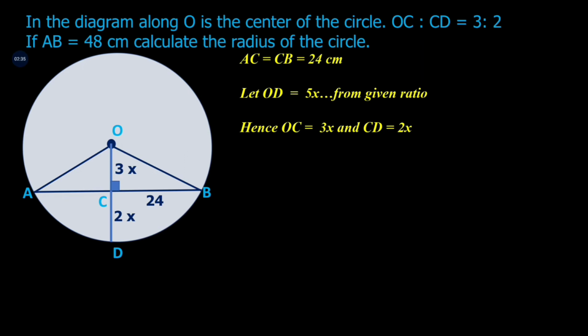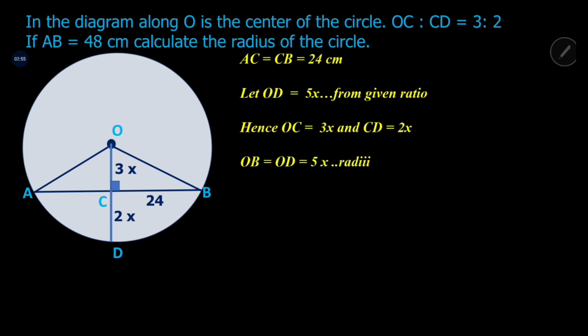Now, OD and OB should be equal because they're radii, all coming from the center of the circle to the circumference of the circle. It should be the same distance. So it should be 5x. So OB is the same as OD.